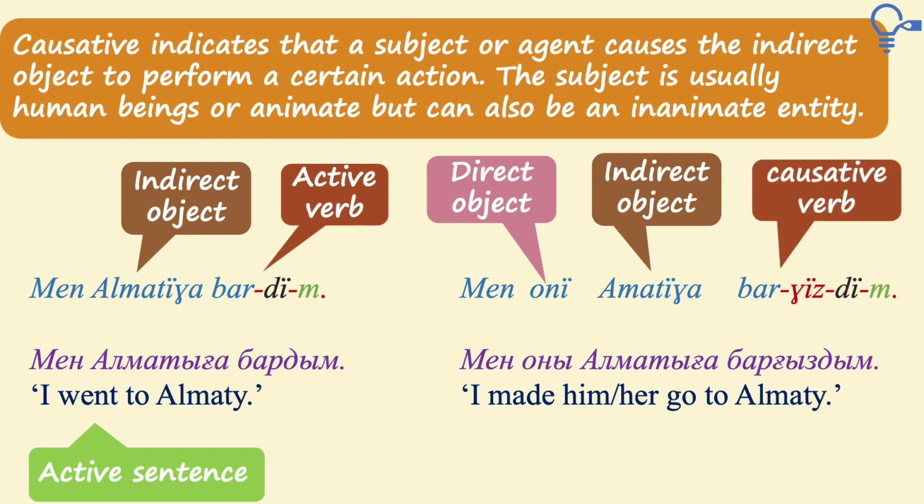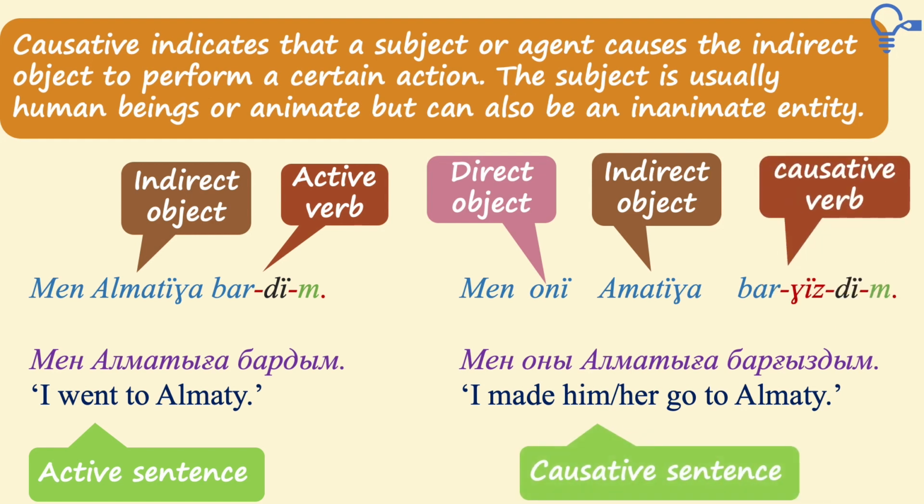In this sentence, the predicate bargızdım contains the verb stem bar, to go, the causative suffix gız, the past tense marker dı, and the first person singular ending m. Compared to the active sentence, there is a causative suffix that appears immediately after the verb stem.